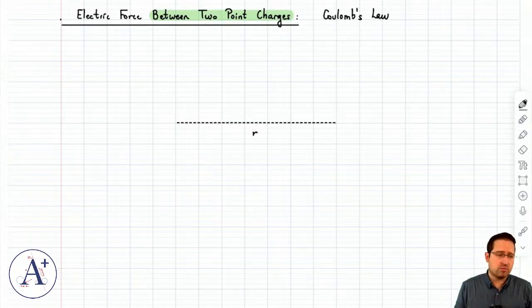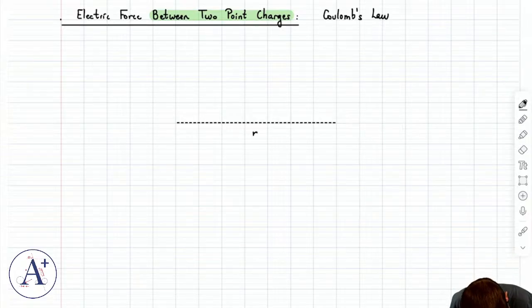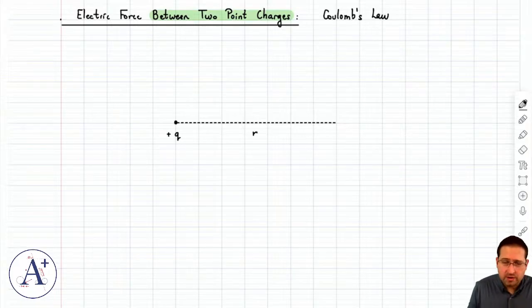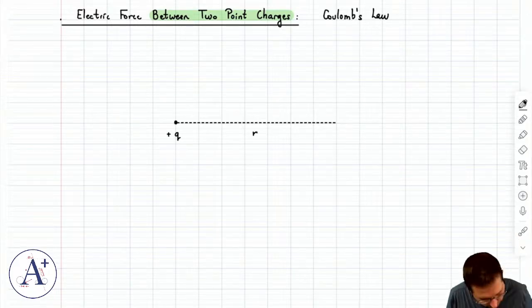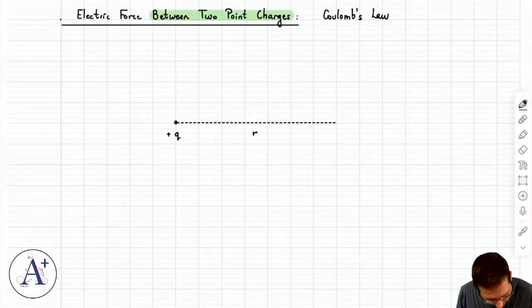And I'll put a positive one and a negative one just to illustrate, right? Now we expect them to attract each other. Now let's start by putting only the positive charge, right? That's going to be Q. All right, let's call it Q1 actually. It's a good idea. That's it. No other charge.